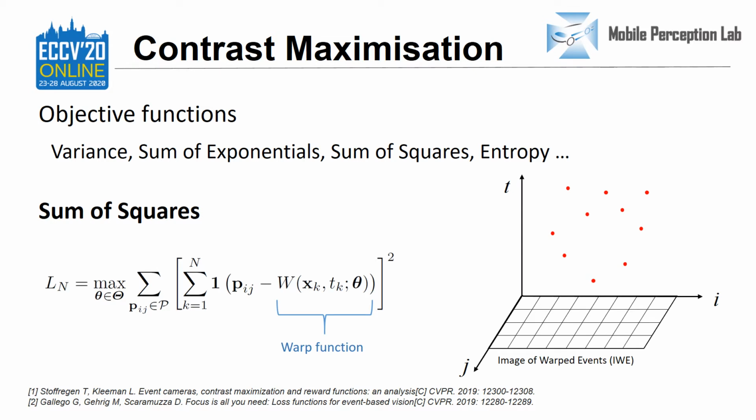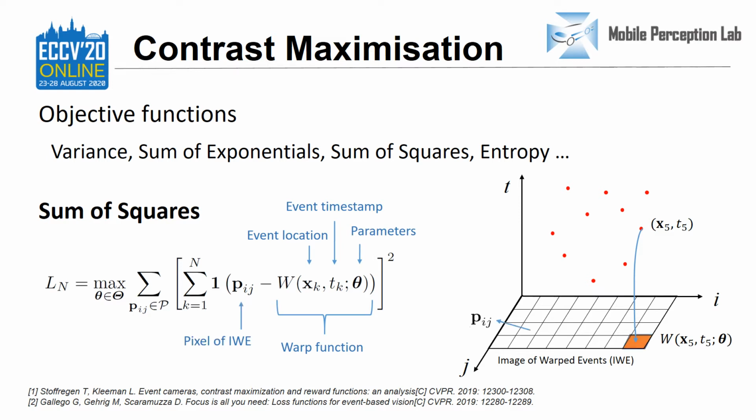We process events in temporal order, where W stands for the warp function that warps the event with timestamp tk to the reference view by using the motion parameter theta. We find the nearest integer pixel location in the reference view and increment its value by 1.